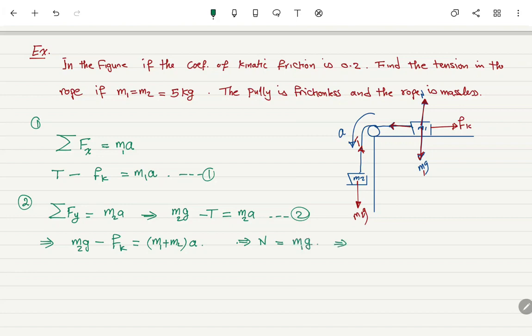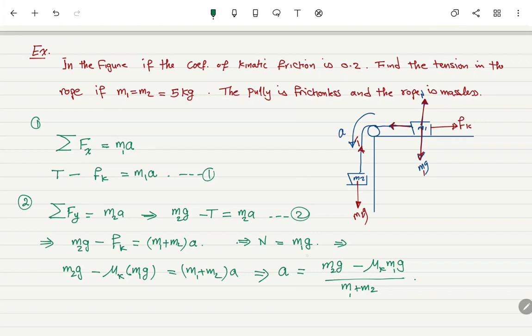So in this case, M2g minus mu k times the normal force, which is M1g, equal to M1 plus M2 times a, or a in this case is equal to M2g minus mu k M1g divided by the sum of M1 plus M2.